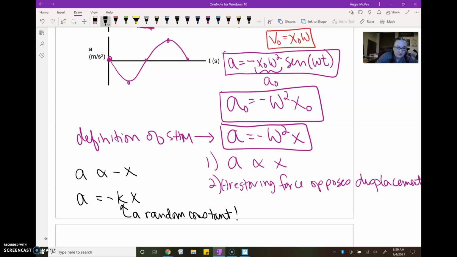But we know that this constant, the thing in front of x in this equation, should be omega squared. I don't know why your textbook does this. Why confuse people? The constant in front of x in the definition of simple harmonic motion equation is omega squared.